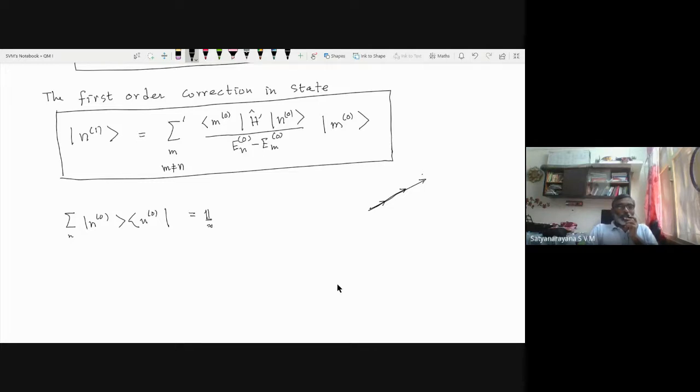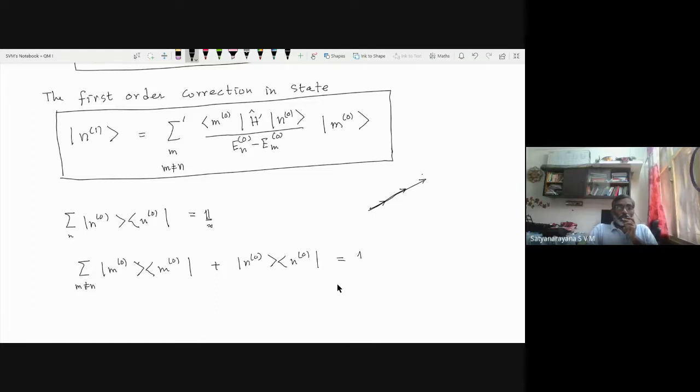So now let's see what you can do. Let's say I write the sum over m not equal to n of m0 and m0, plus n0 and n0.